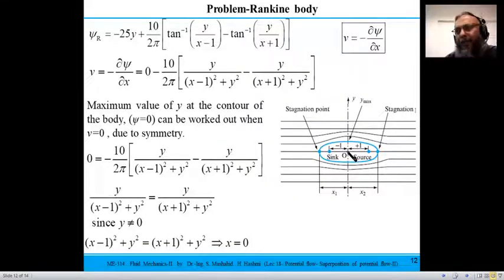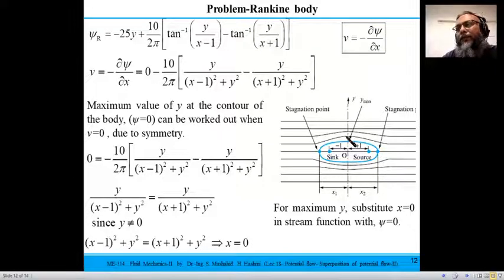So to get the maximum value, I just substitute x equals 0 in this stream function, assuming that it is at the body contour, and earlier also the stream function at the surface, where the surface acts as a solid body and that surface is passing through the stagnation point, we are assuming to be 0.